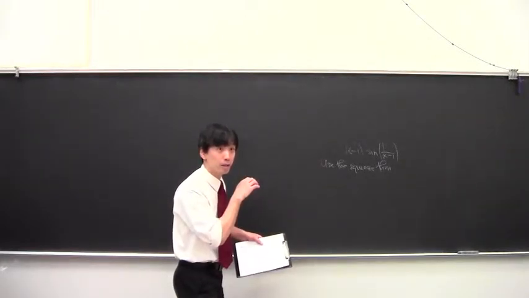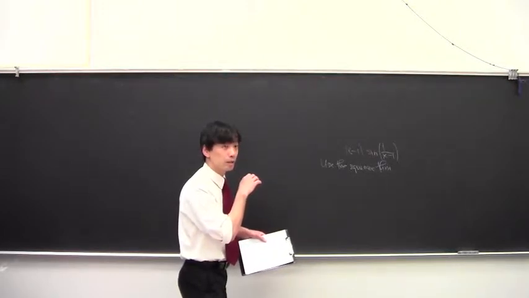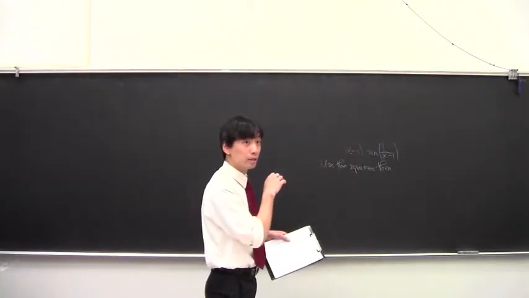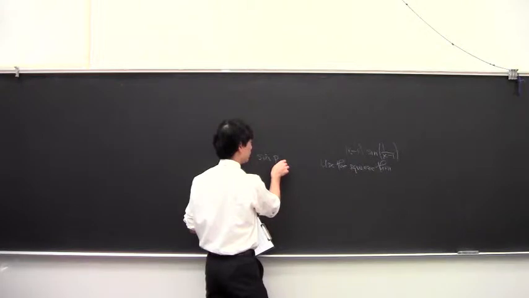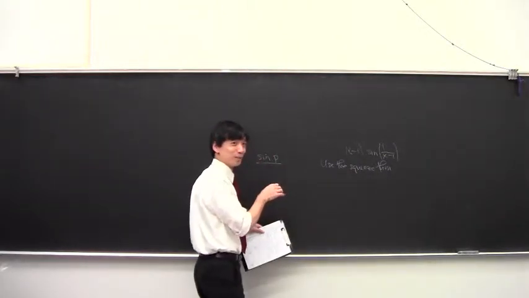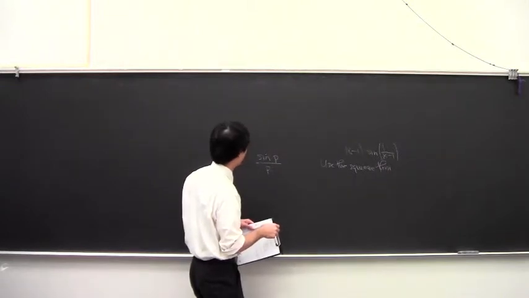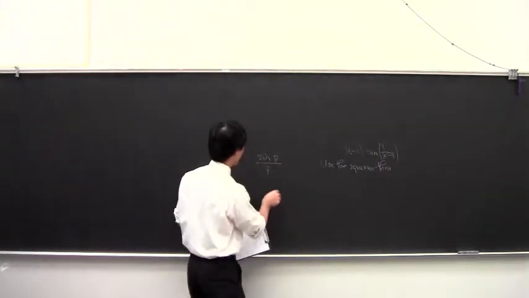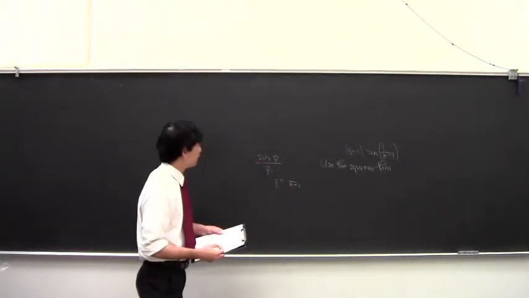Sine of 1 upon x minus 1 is the same thing as sine p over p, where p is 1 over x minus 1.